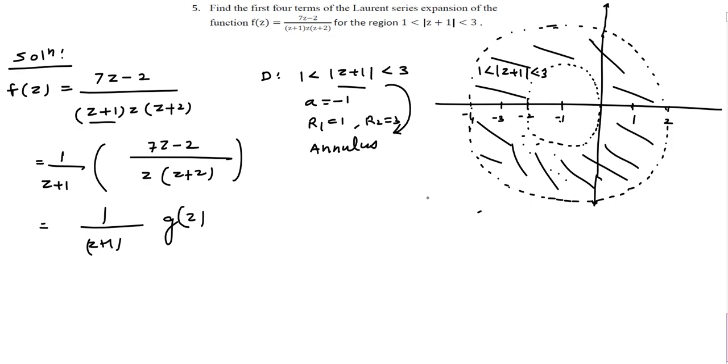So now here g(z) can be written as A/z + B/(z + 2), because in the denominator both have a linear factor. So by using the partial fraction method we can find the values of A and B.